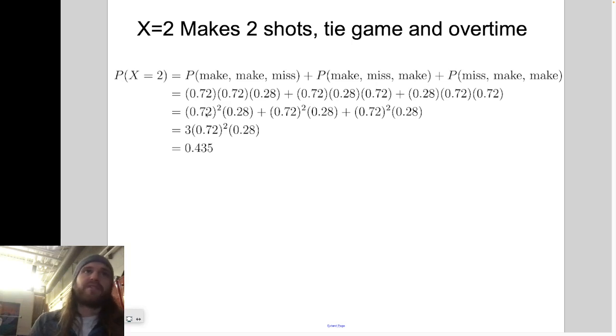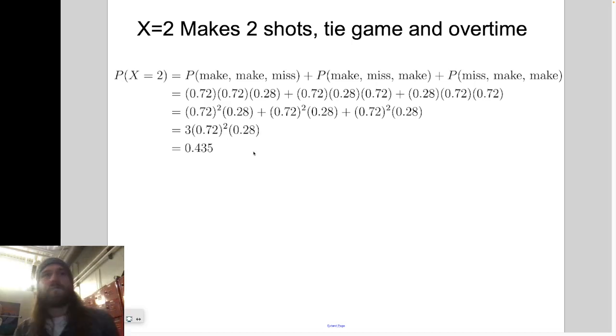And this time, 0.72 is to the second power. And there are 3 of those, so when you add those up, it's 3 times 0.72 squared times 0.28. So there is a 43.5% chance that Darius here is going to make 2 shots, which will send them into a tie game and send them into overtime with the chance to win. So this is the highest one we've seen so far, which is pretty exciting.